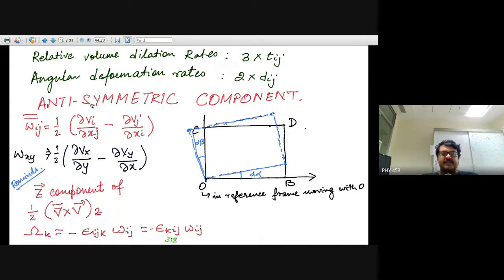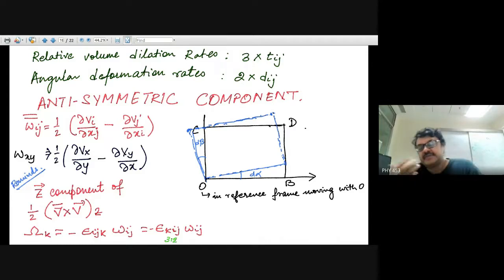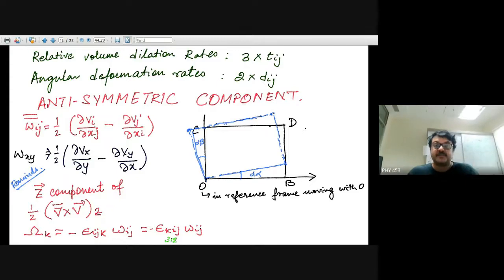If this is reminiscent of rotation, the fluid element will rotate like this without deformation. If you have a force field which creates a velocity gradient tensor which has only the antisymmetric component, the consequence will be that after time dt, without deformation, the fluid element would have rotated, right? So if you identify the look of the velocity gradient tensor, then you know what is happening to the fluid element as external forces or boundary conditions are applied.